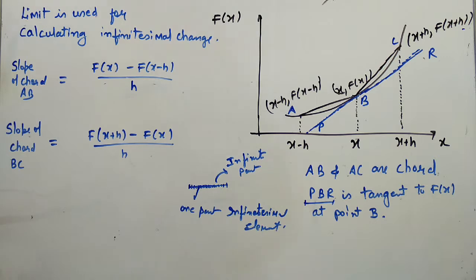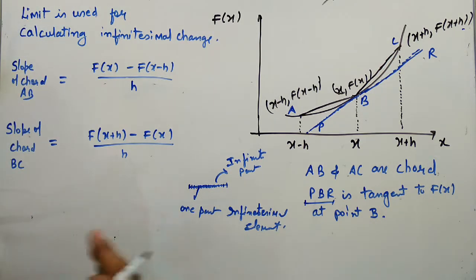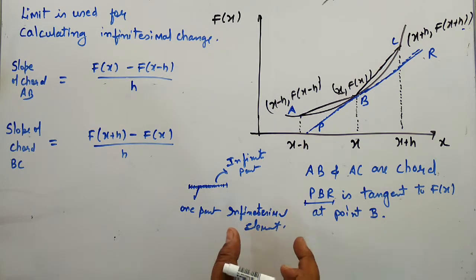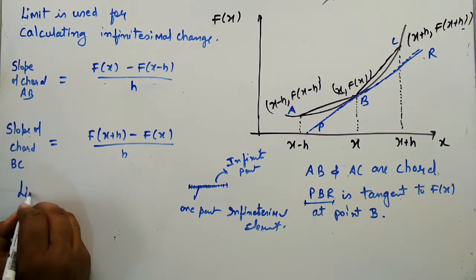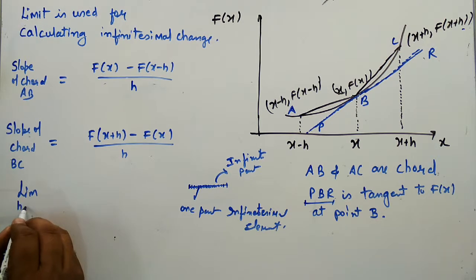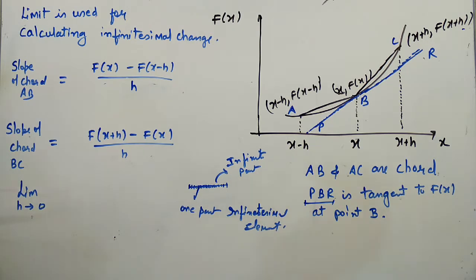Now for defining that infinitesimal element, we use the concept of limit, because we cannot calculate such values directly. With this limit, h tending to 0, we can say that this is an infinitesimal element, or from this we can calculate the infinitesimal change.